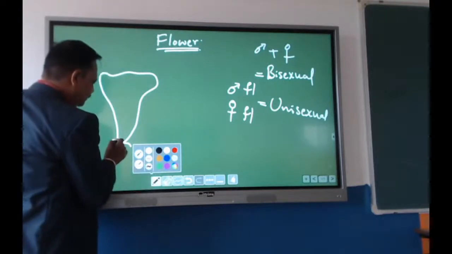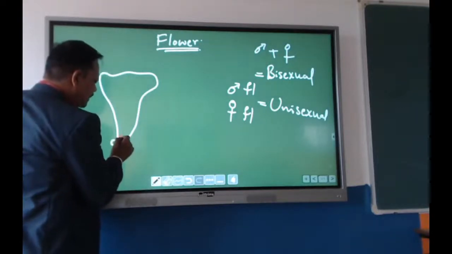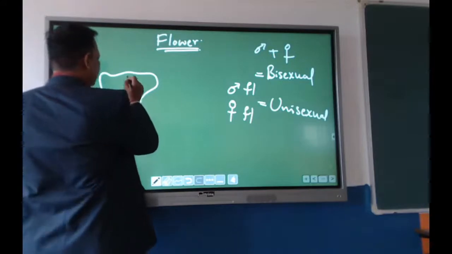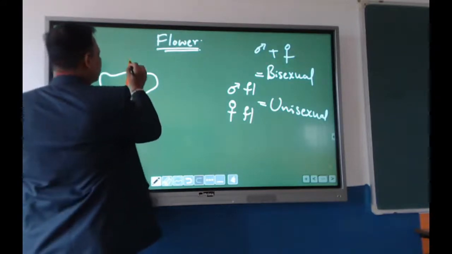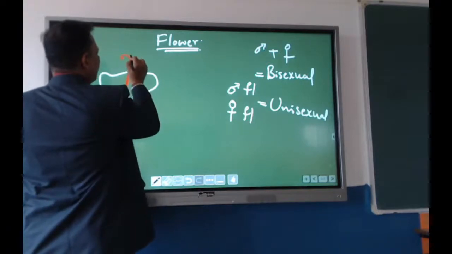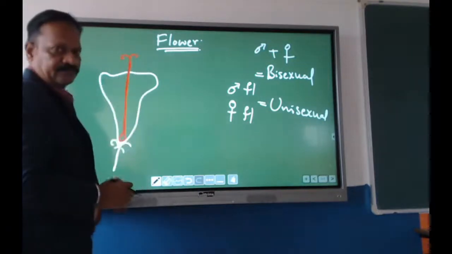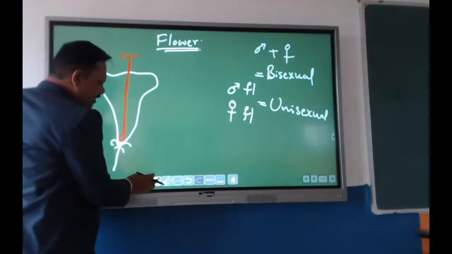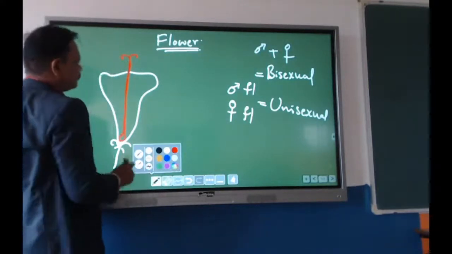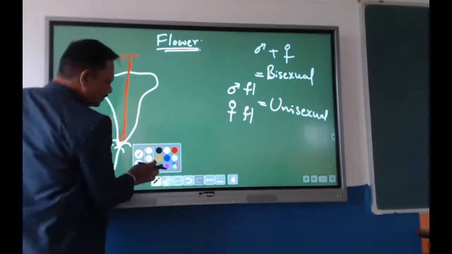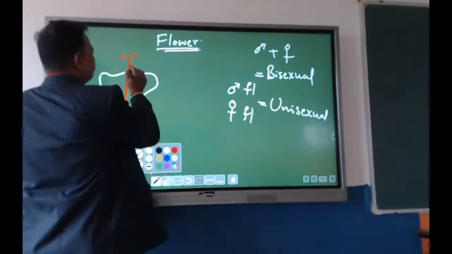So see, here the rounded body you are observing, it is projecting out, then upper side it is forming like this. And then again I am changing the color, just see to it, or else I'll take yellow color.